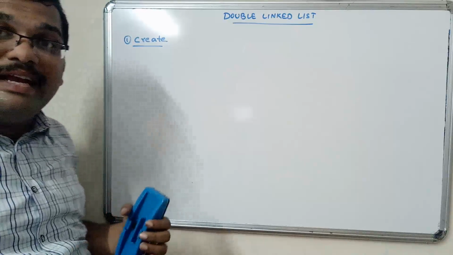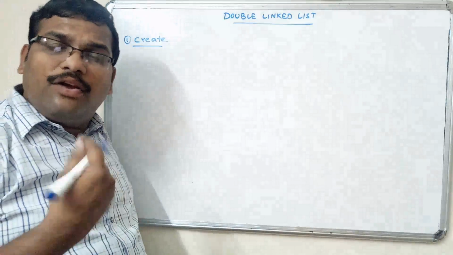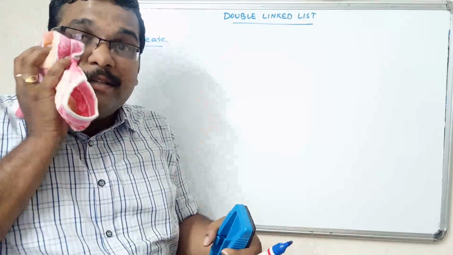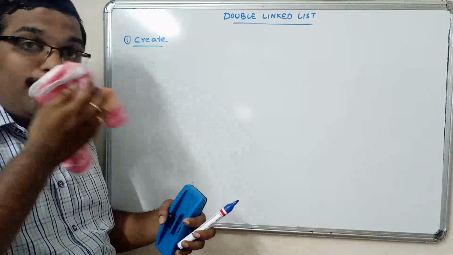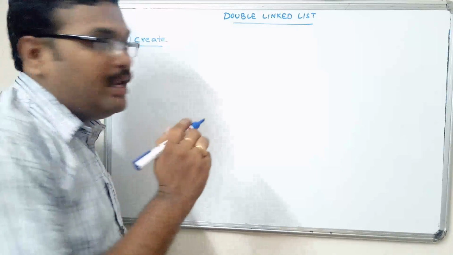First one is create. How to create the node? We know that here also the same concept which we have studied in the single linked list applies. Here also we have to allocate the memory by using dynamic memory allocation.